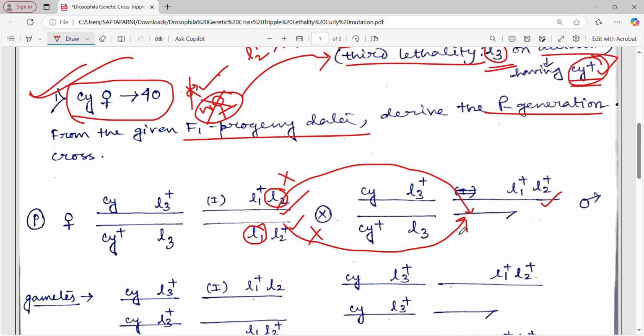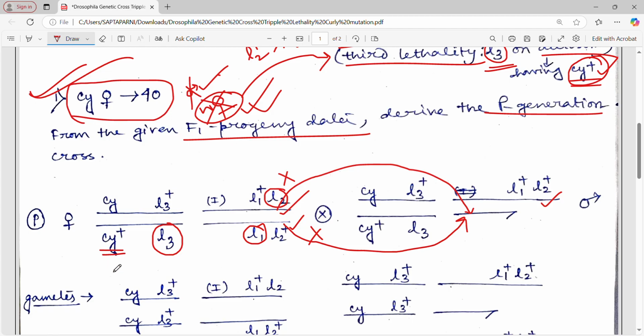Now to kill all the wild type females too, we have to introduce the third lethality, known as L3. We have introduced the mutant lethal allele L3 specifically on that chromosome which carries CY plus, or the wild type allele for wing structure.